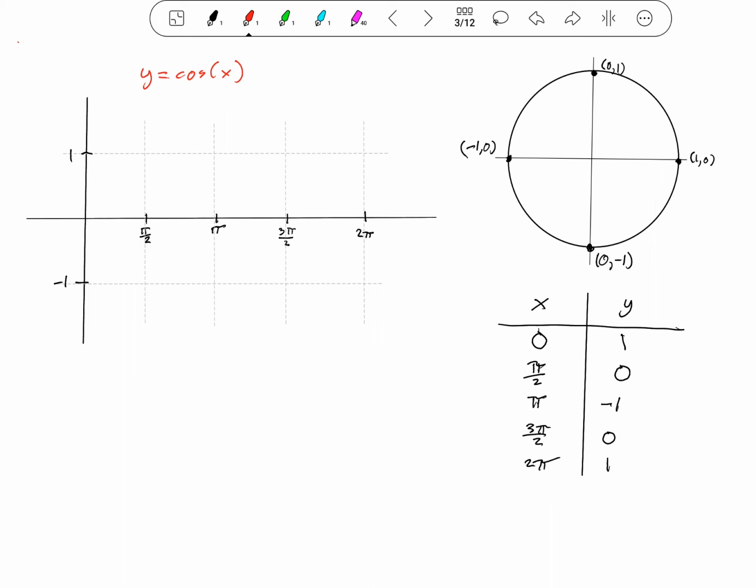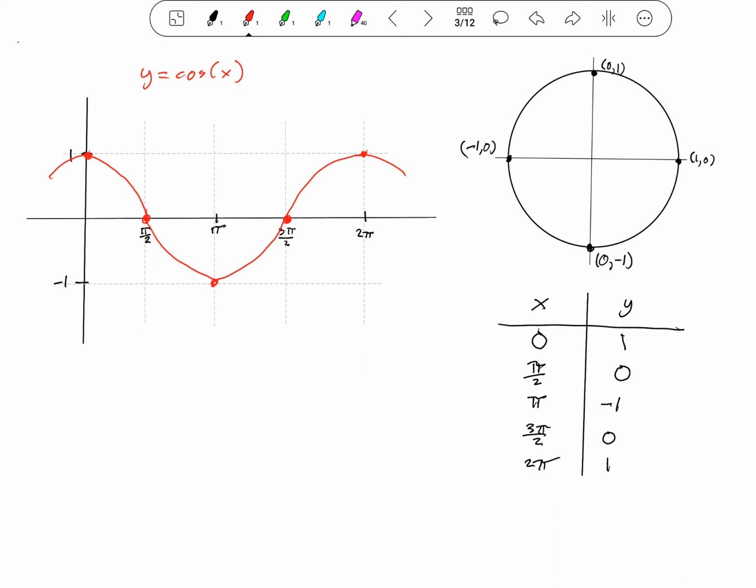Now we have some points to plot: 0, 1; pi over 2, 0; pi, -1; 3 pi over 2, 0; 2 pi, 1. We connect that with a sinusoidal curve, which looks something like this, and it continues forever in either direction.